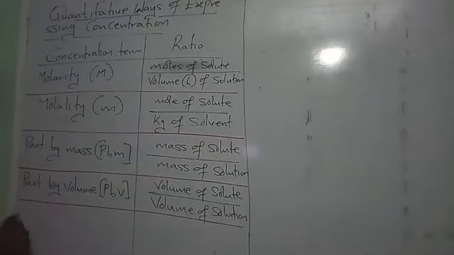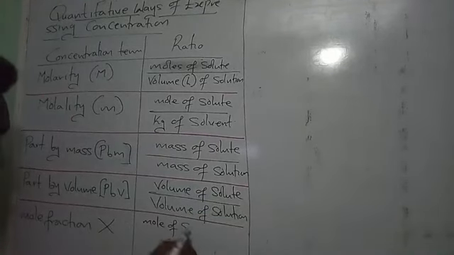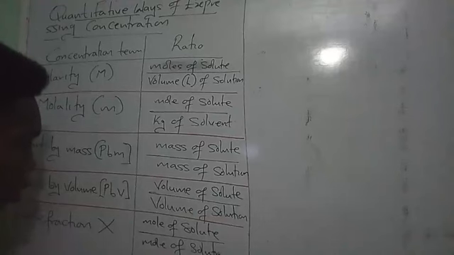Okay, so I also have mole fraction, that's the last one, which I represent as X. And mole fraction is simply the number of moles of the solute divided by the moles of the solution.